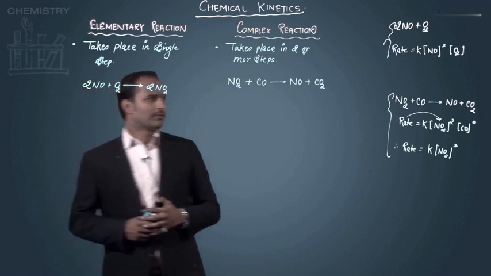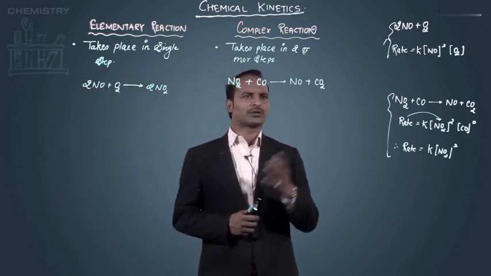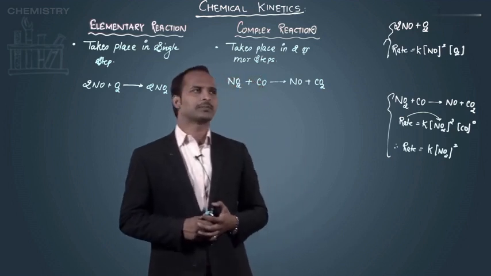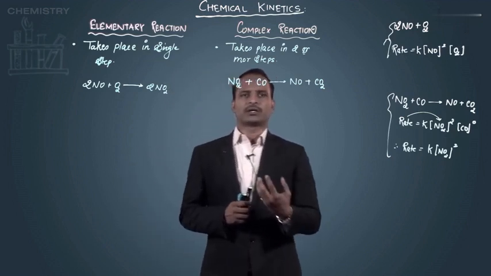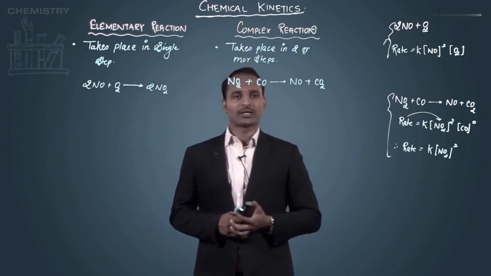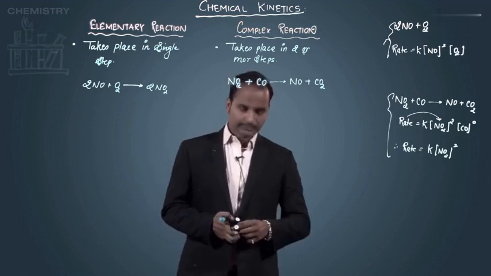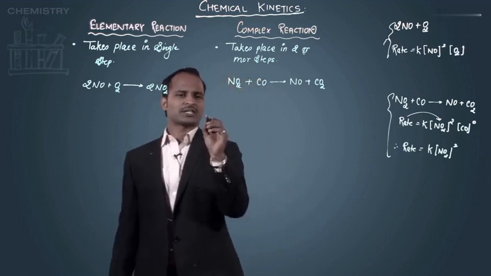It also looks like a single step reaction only, but when we write its mechanism, we come to know that the reaction is not actually a single step but a two-step reaction. So let us write its mechanism. The reaction takes place in two steps.